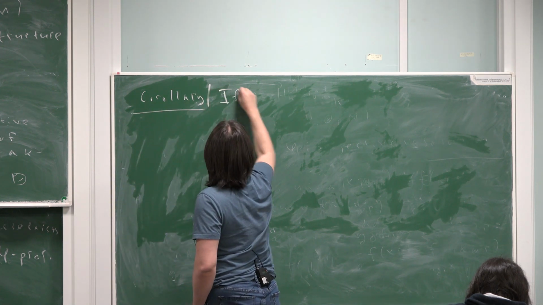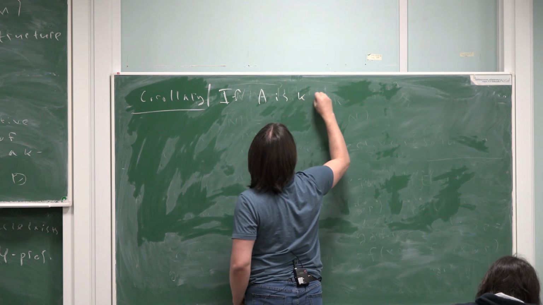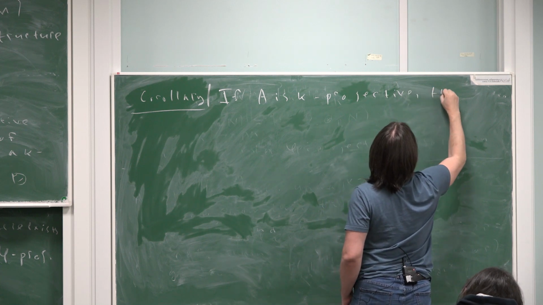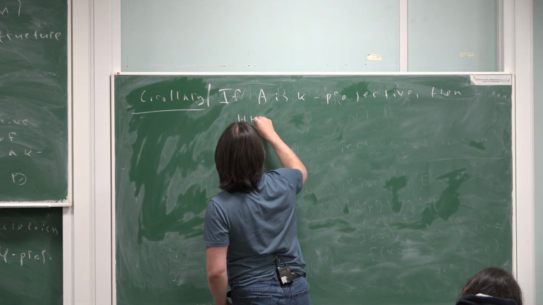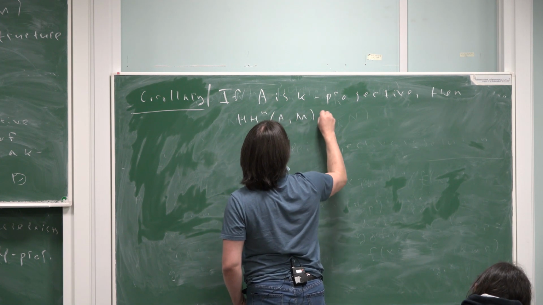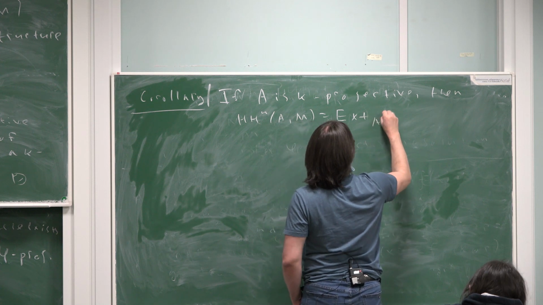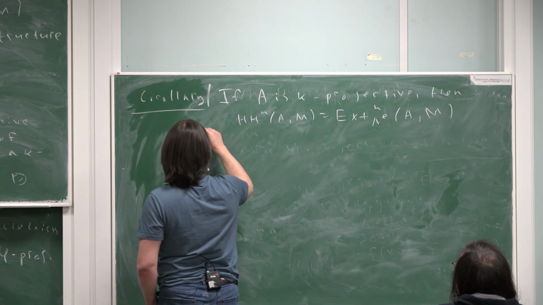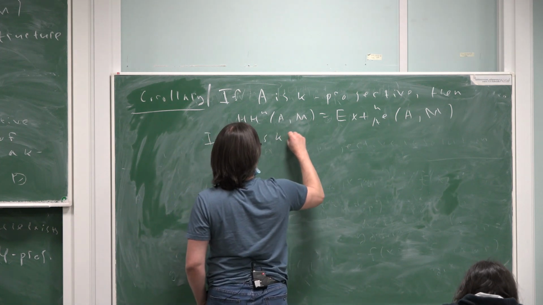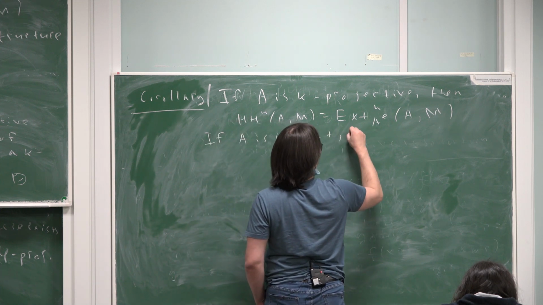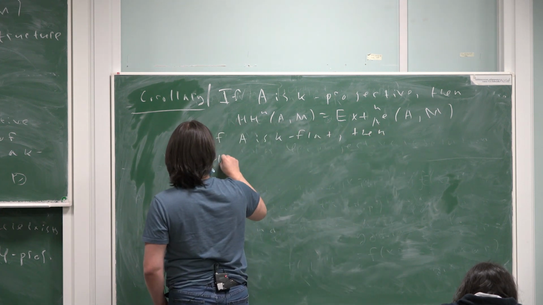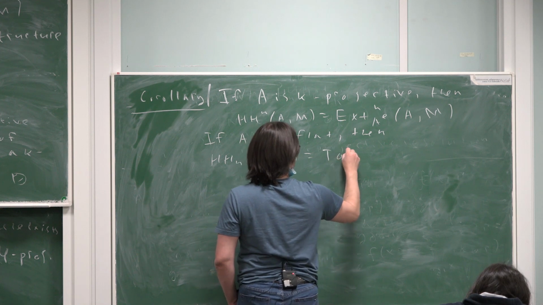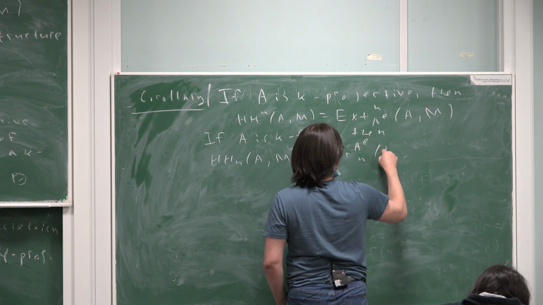if A is k-projective then HH n of A M is simply Ext out of the enveloping algebra, and if A is k-flat, then the Hochschild homology is simply Tor of the enveloping algebra.